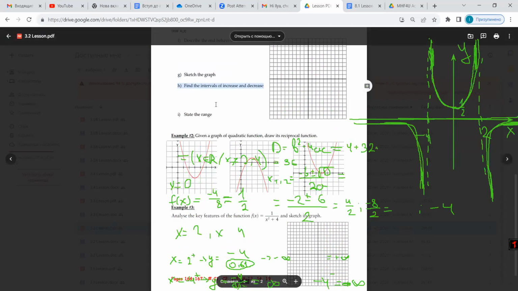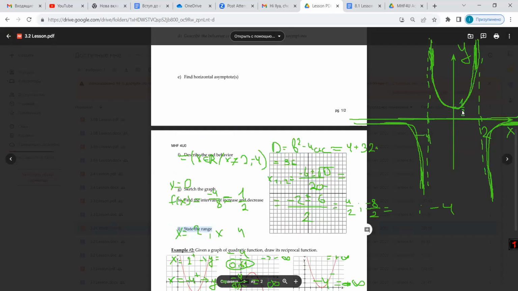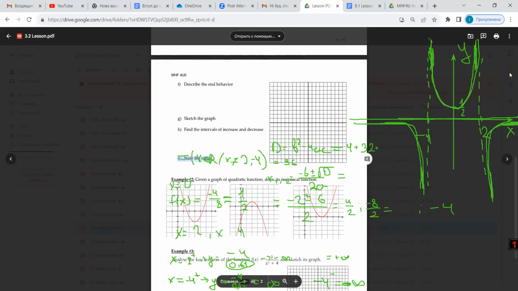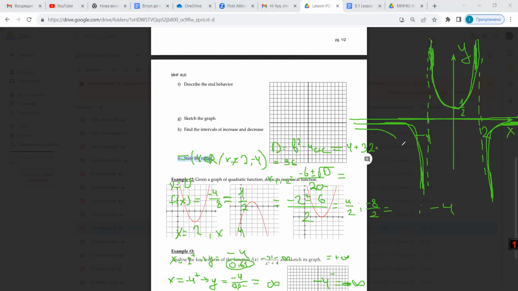We found the intervals of increase and decrease by just looking at the graph that we sketched. You can see that the function is constantly decreasing to the left-hand side from -4. It's decreasing from -4 to 0, and from 0 to 2 it's increasing, and then from 2 to positive infinity it's decreasing.